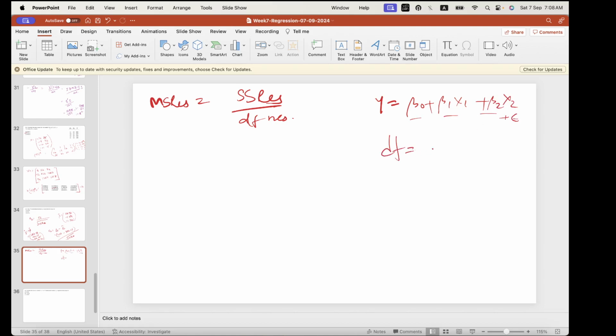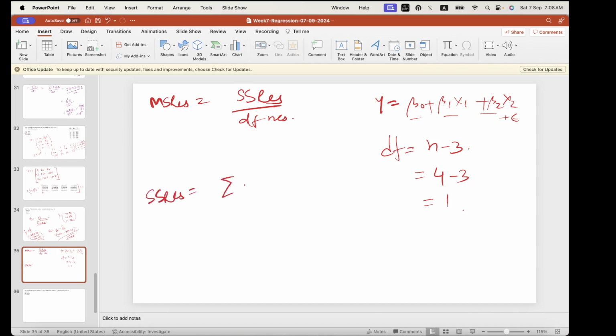So df of residuals would be n minus 3. And how many observations do we have? Here we have n equal to 4, so df will be 1. Therefore MS residual will actually be equal to SS residual.